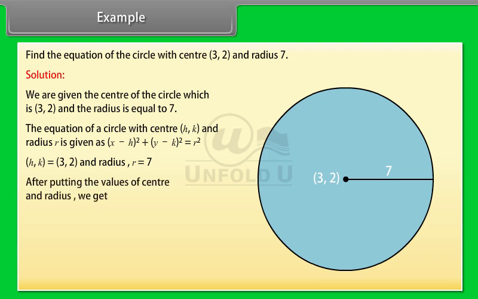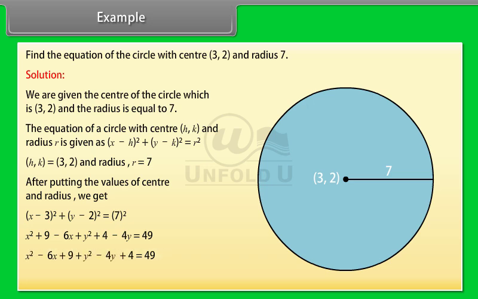After putting the values of center and radius, we get (x − 3)² + (y − 2)² = 7². By calculating it, we get x² + y² − 6x − 4y = 36.